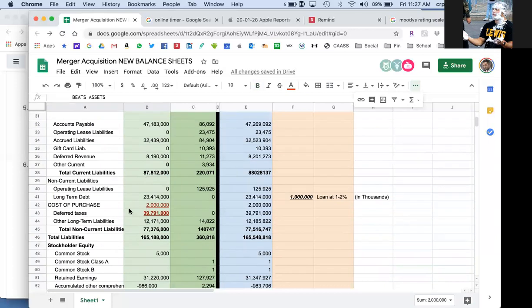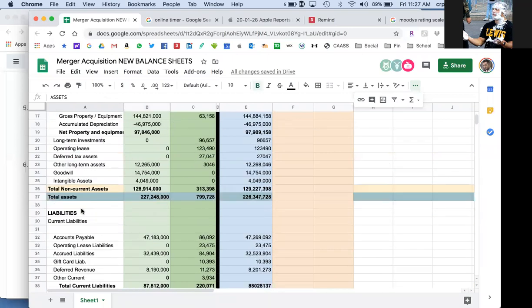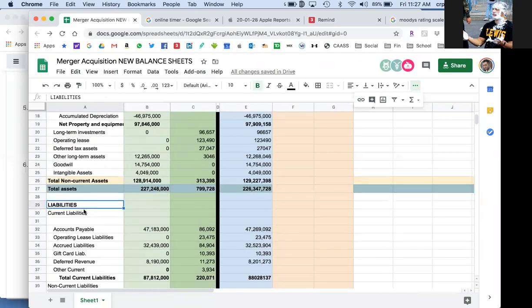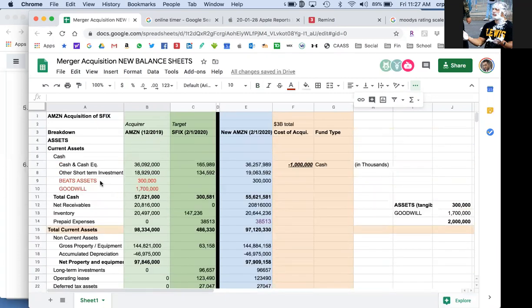Now again, that's my thoughts of how that works. What makes sense to me. But what you do to the top with assets, you have to do to the bottom with liabilities and stockholders' equity. That's why this is so tough for me to teach you, because I'm not an actual merger and acquisition accountant. But you do know what goodwill means.